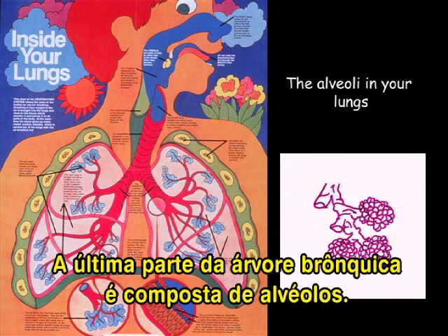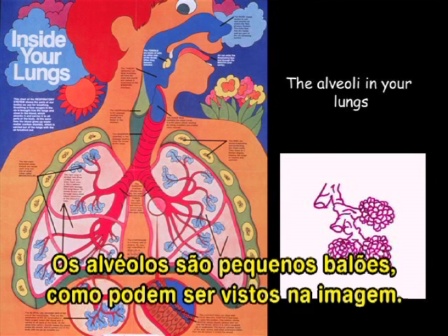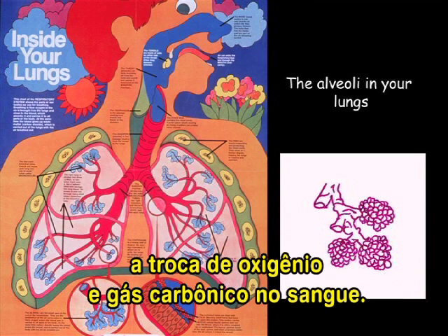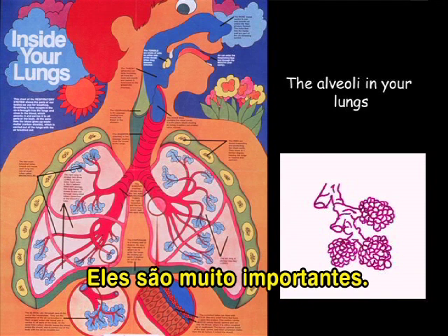The last part of the respiratory tree is composed of alveoli. The alveoli, here you can see a bigger image, are like little balloons. They inflate and deflate, and they are the main place where the exchange of oxygen and CO2 in the blood takes place. So they're really important.